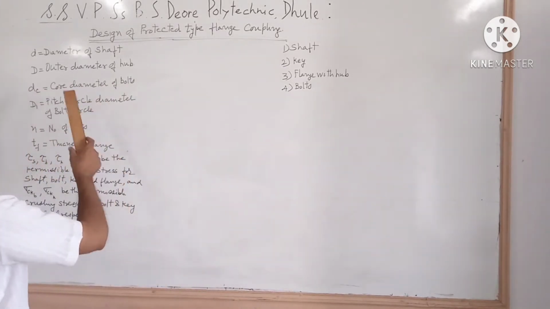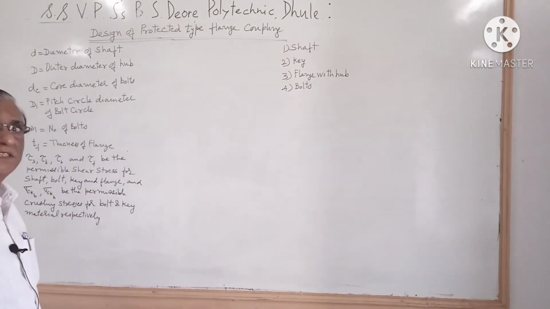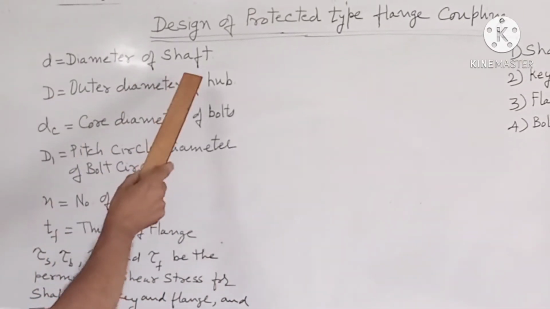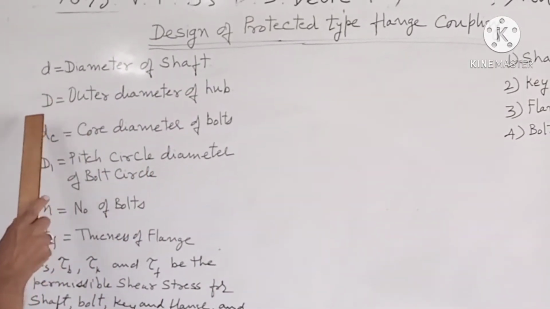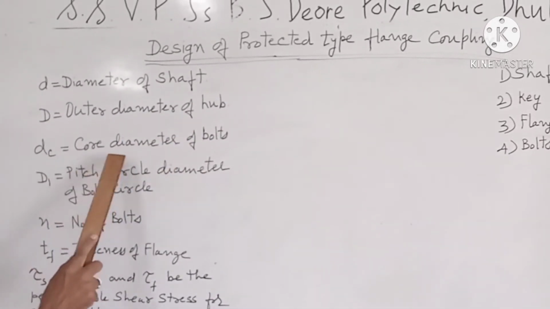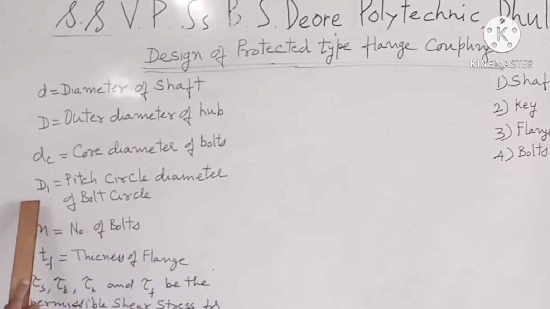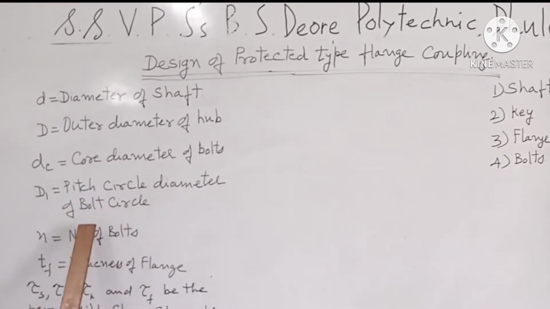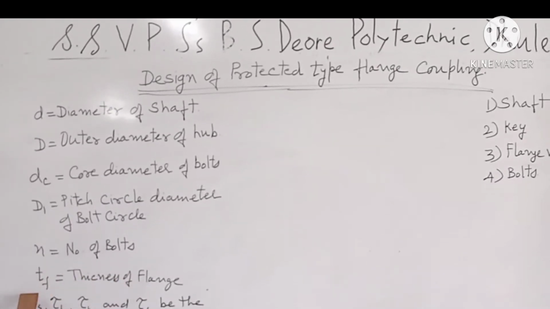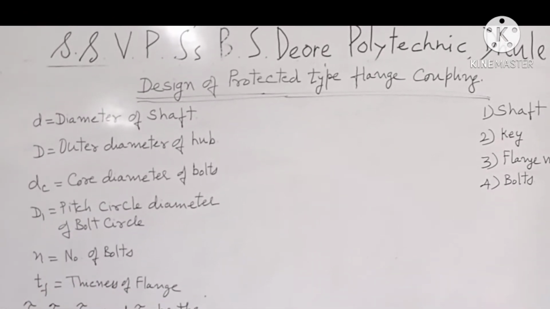Now, nomenclature of flange coupling. d is the diameter of shaft. Capital D is the outer diameter of hub. Dc is the core diameter of bolts. D1 is the pitch circle diameter of bolt circle. N is number of bolts. Tf is the thickness of flange.